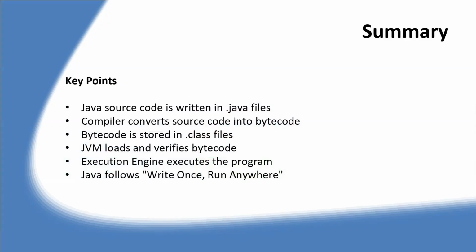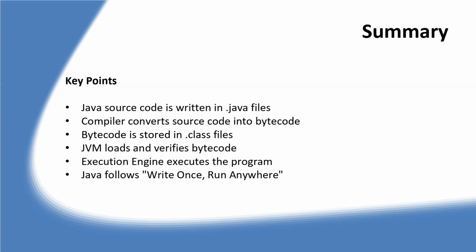So let's summarize what we have learned so far. Java source code is written in .java files. Javac compiles source code into bytecode. Bytecode is stored in .class files. JVM loads and verifies bytecode.